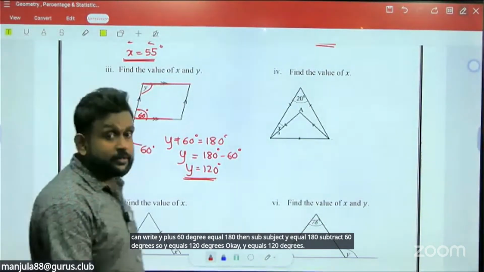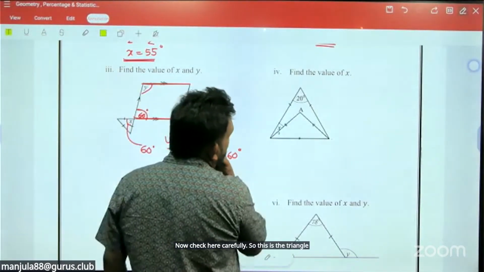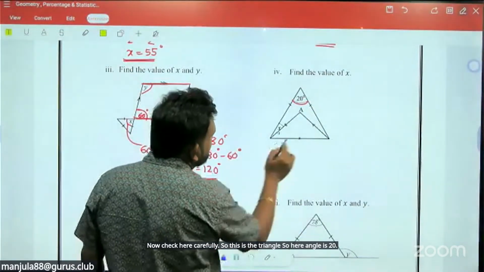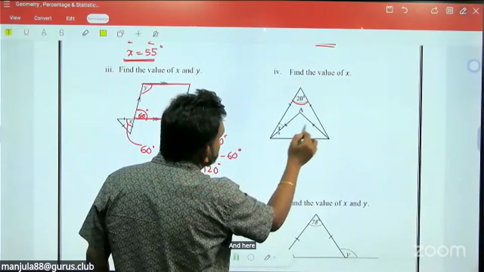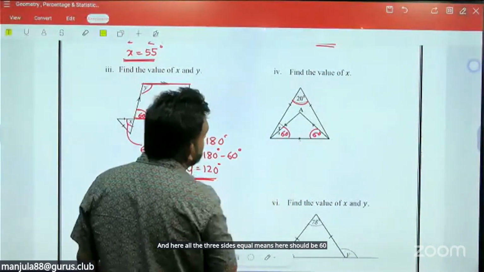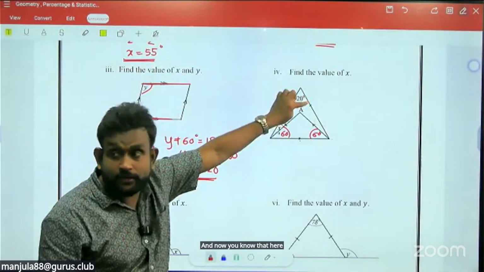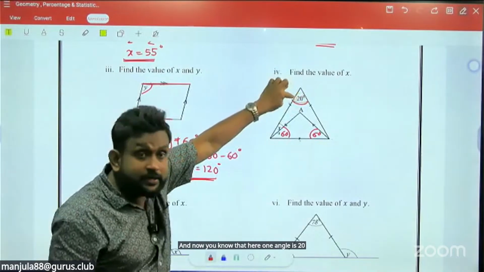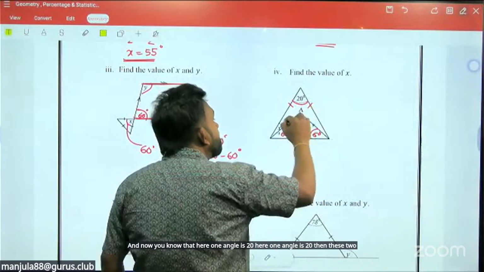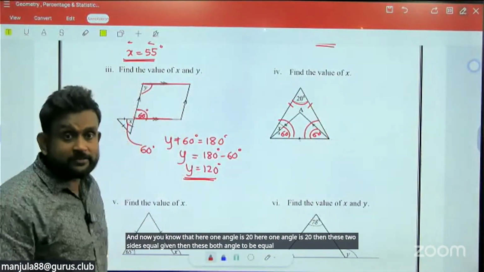Now check here carefully. So this is the triangle. Here the angle is 20, and here all the three sides are equal, which means here should be 60, here should be 60. Now you know that here one angle is 20. Then these two sides are equal, given, so these both angles are equal. Then what is one angle?